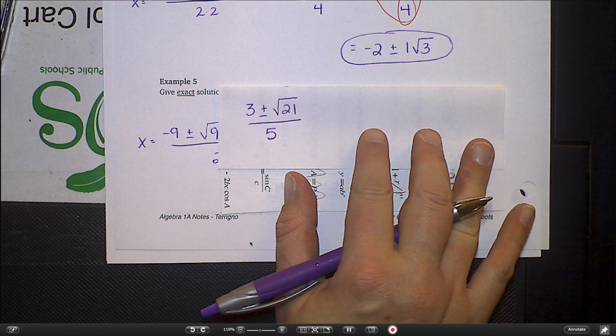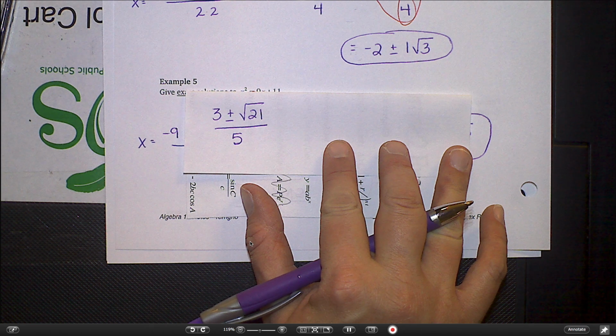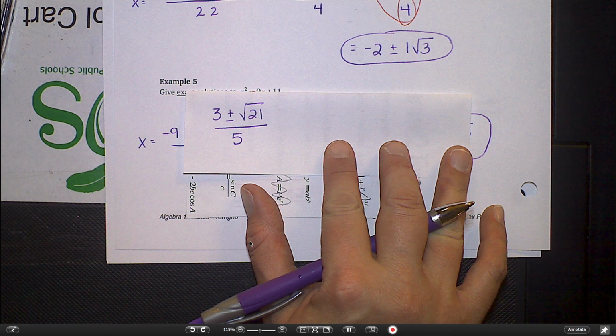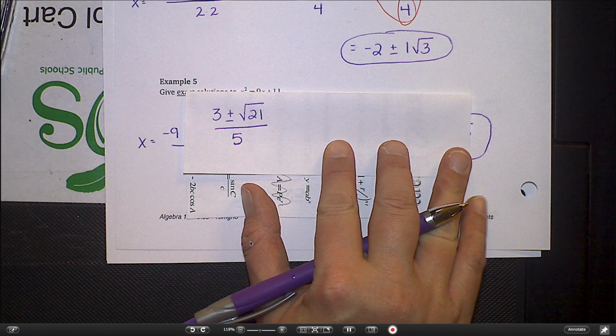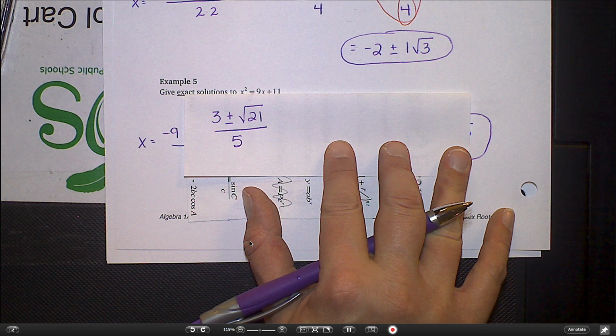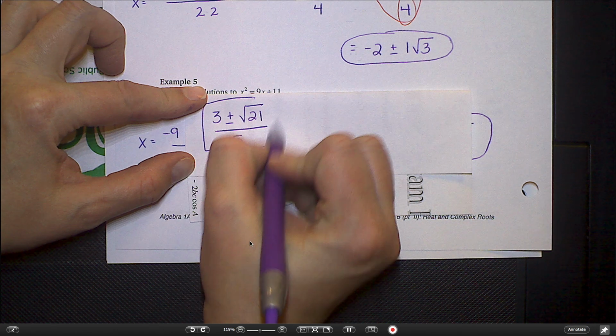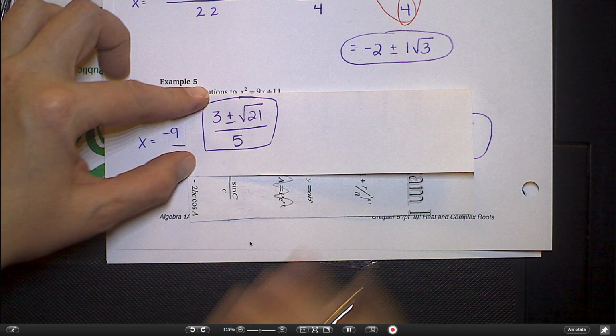What can you do with the square root of 21? Not a whole lot of anything, right? There's no perfect squares that go into 21. So if that happens, sometimes your radical just can't go any further. Sometimes that's just it. Okay, sometimes you can't even pull anything out front.